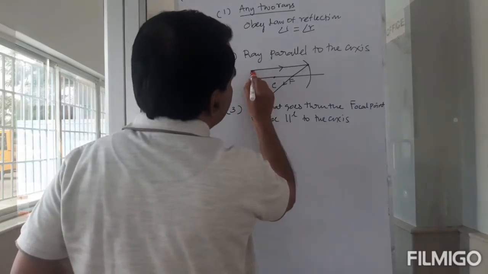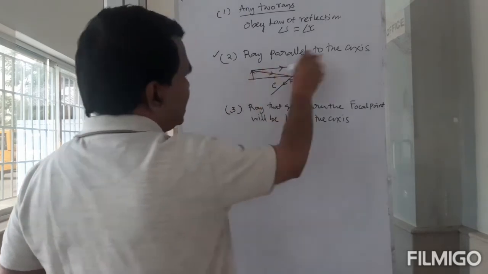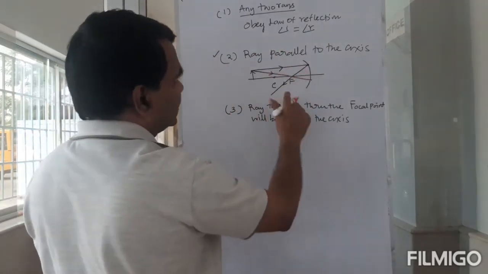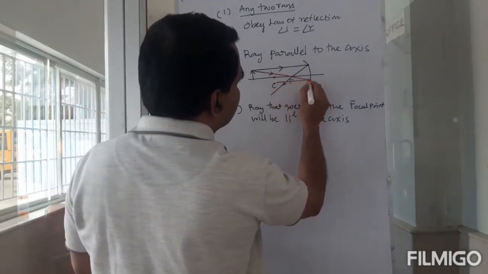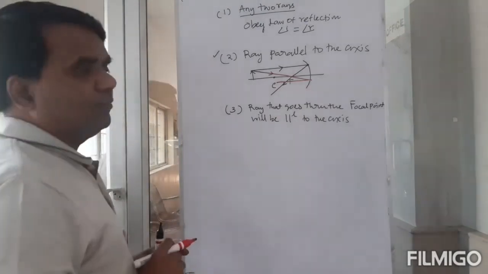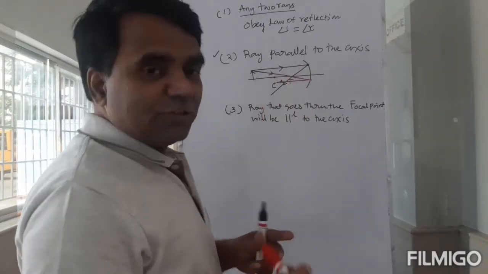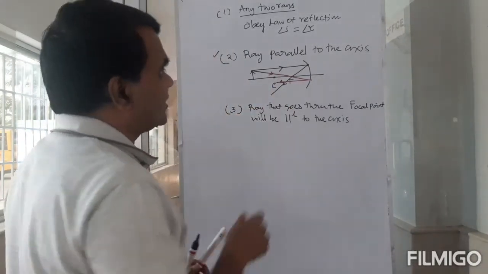There are many other rays from that point. I'm not bothered about that. I'm just talking about this. So this will go and this will be parallel to the axis. Now you see you got two rays, and now you have found the point of intersection.